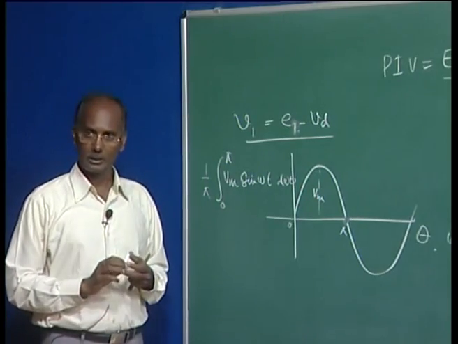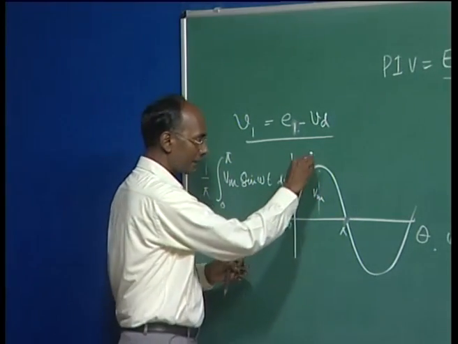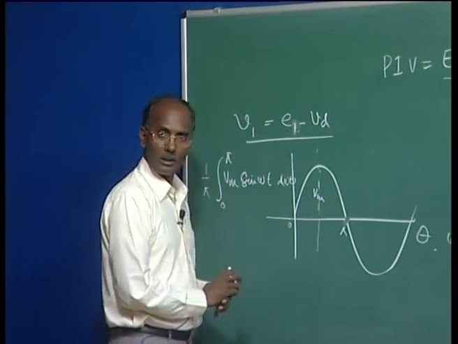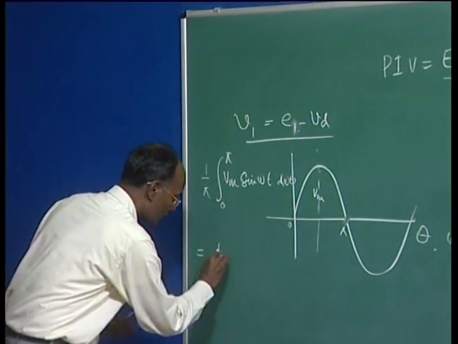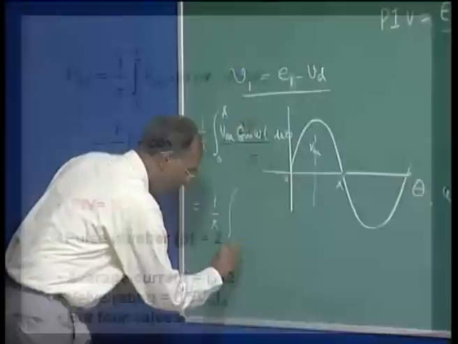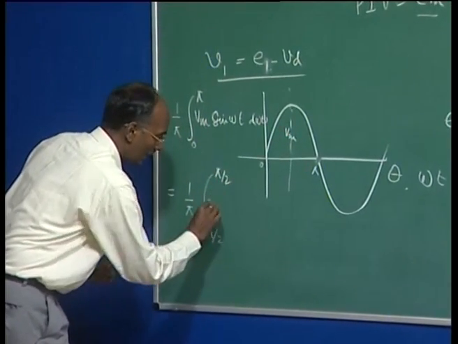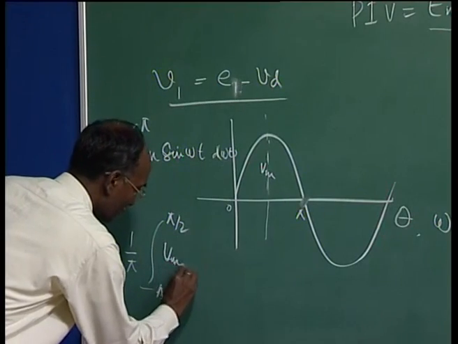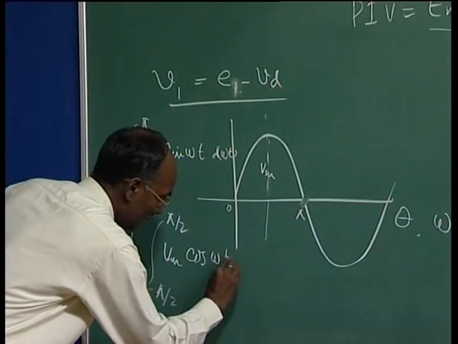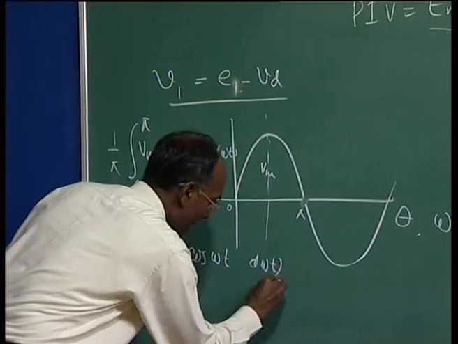Another option is that we can shift our axis and take the same as 1 over pi, from minus pi by 2 to pi by 2, of Vm cosine omega t d omega t.